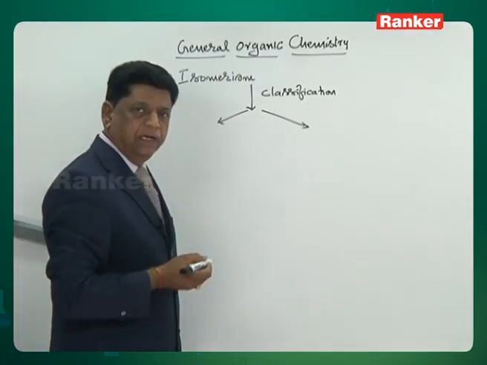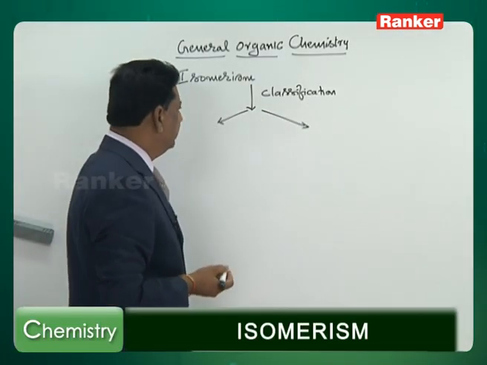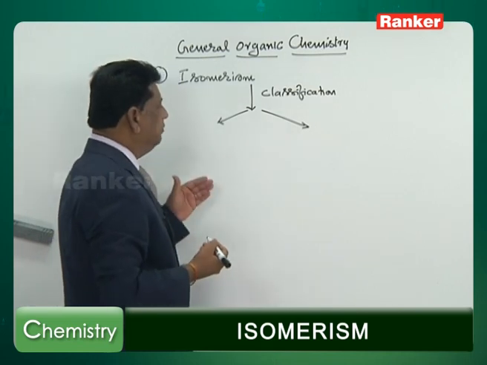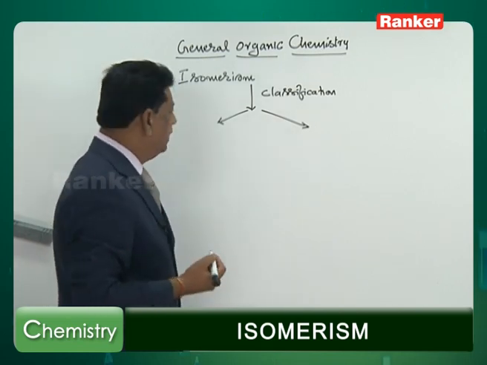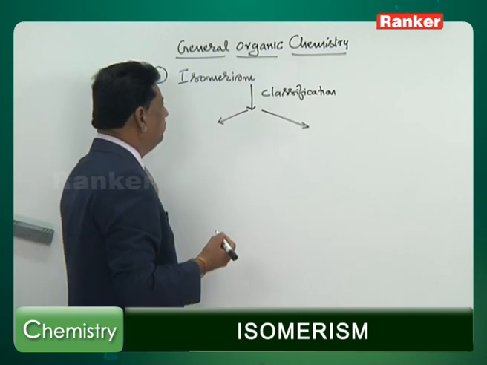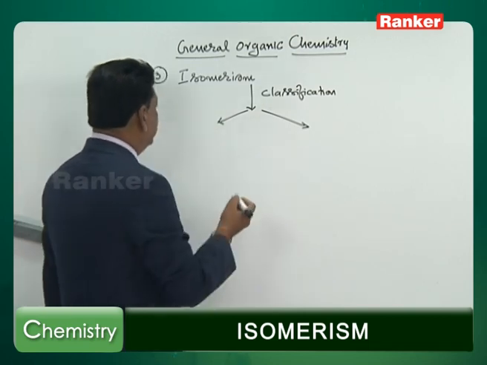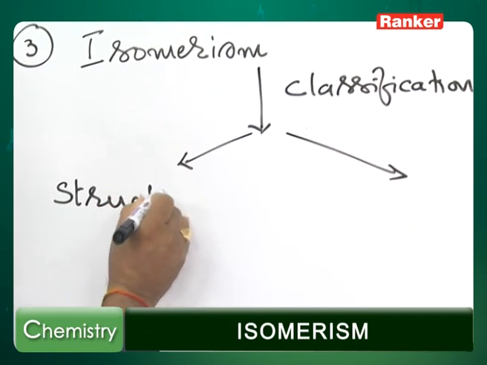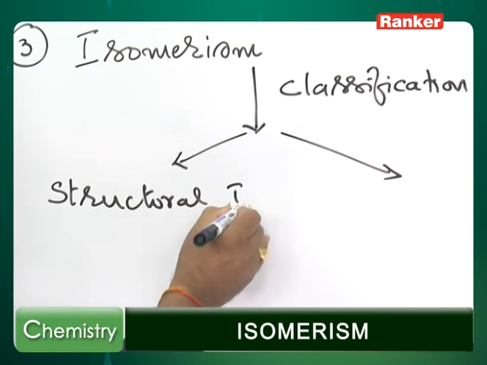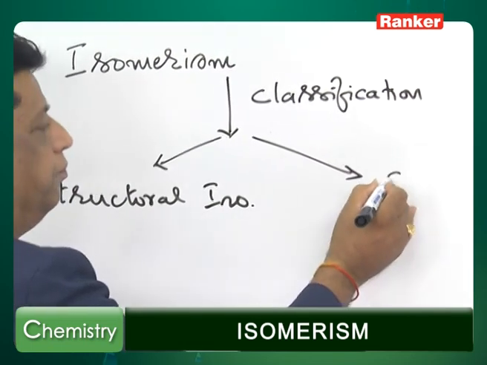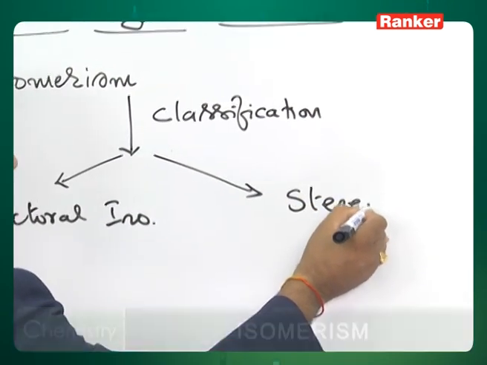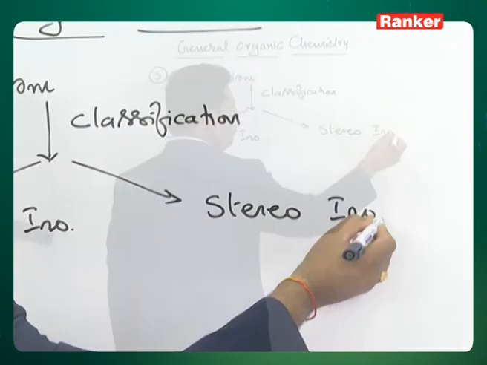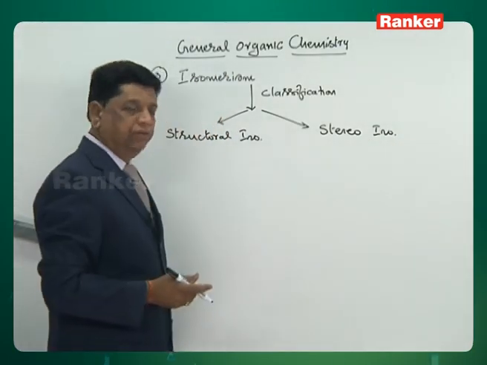We have different new approaches, that we will take later, but let me finish off first the old classical pattern. This is divided into two types, that is structural isomerism and the stereo isomerism.